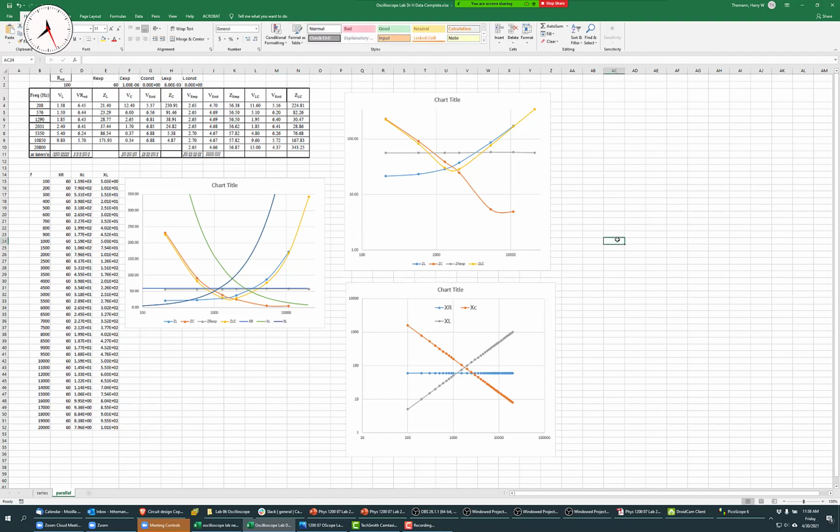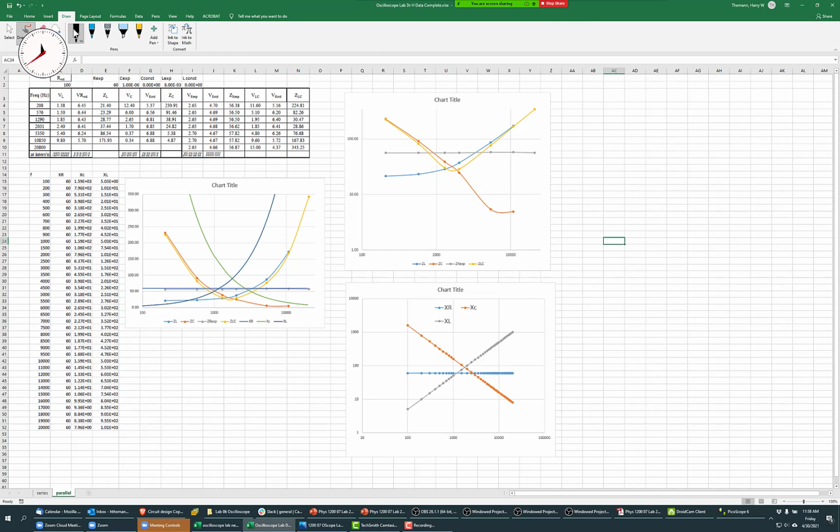So, remember, an ideal capacitor has a resistance equal to infinity.